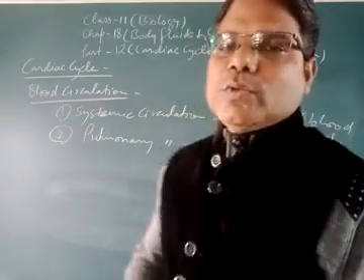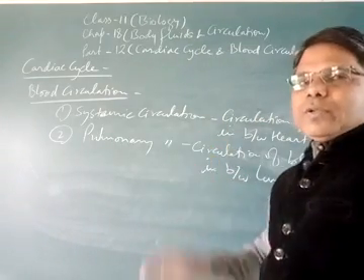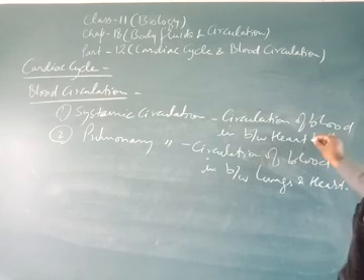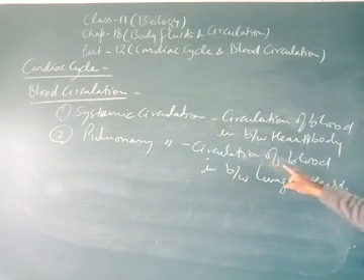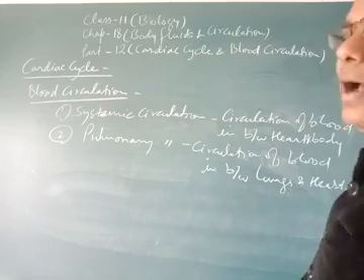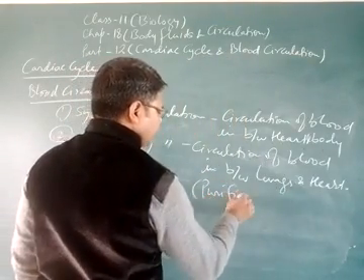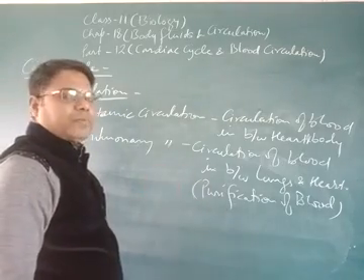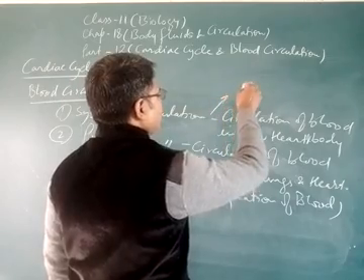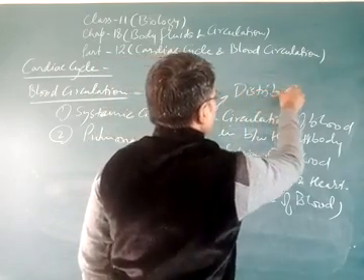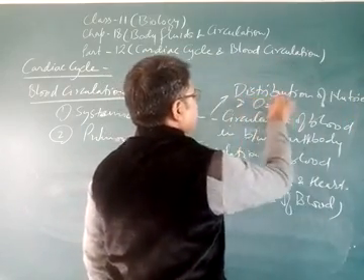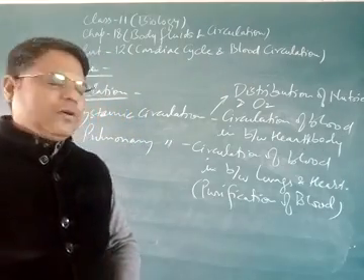So students, these are the 2 types of circulation, systemic circulation and pulmonary circulation. Systemic circulation involves circulation of blood between the heart and body, whereas pulmonary circulation involves circulation between the lungs and heart. Pulmonary circulation takes place for the purpose of purification of blood, and systemic circulation is for distribution of nutrients and oxygen.